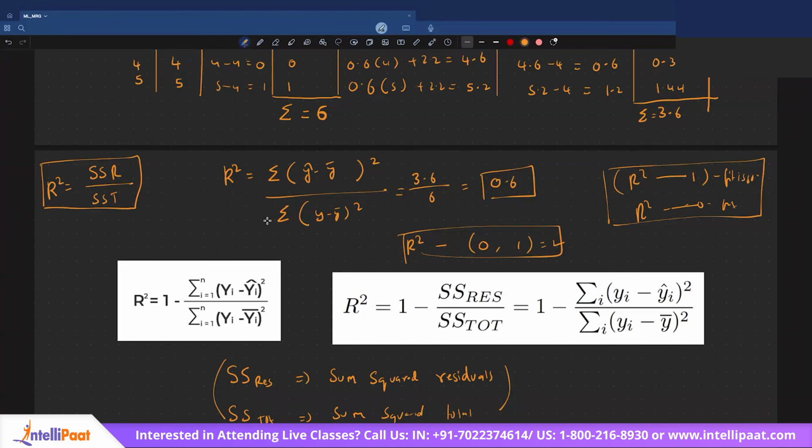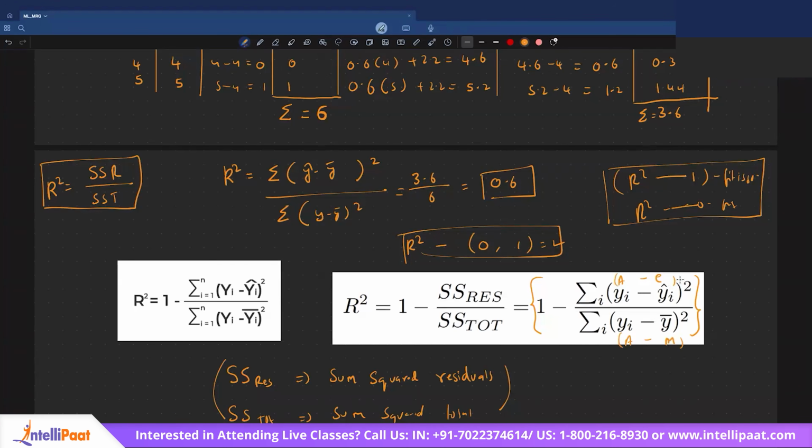That becomes sum of square total. When you rearrange the terms, you get 1 minus summation of y minus y hat, which is actual minus predicted, and actual minus mean.